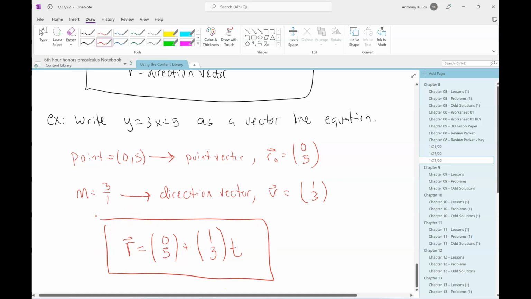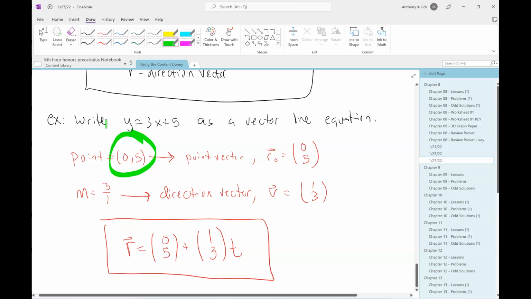Is that the only way I could write it? No, man. How many different versions of this do I have? Infinitely many. Why infinitely many? Yeah, we have infinitely many points.